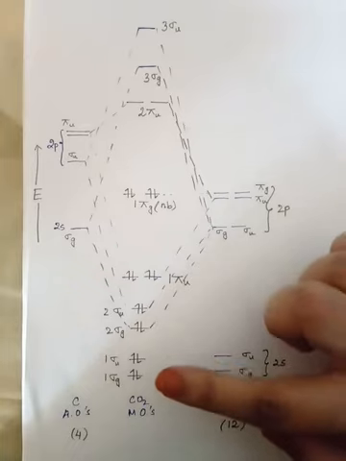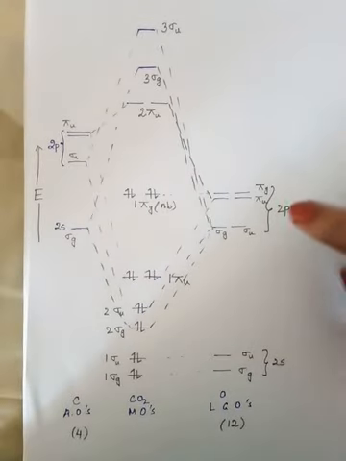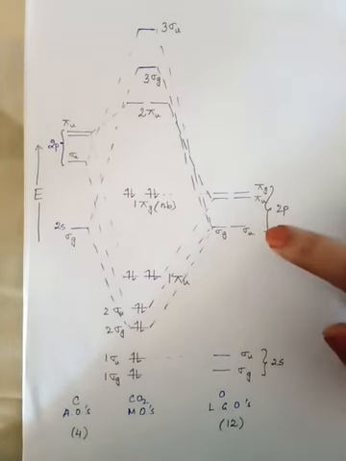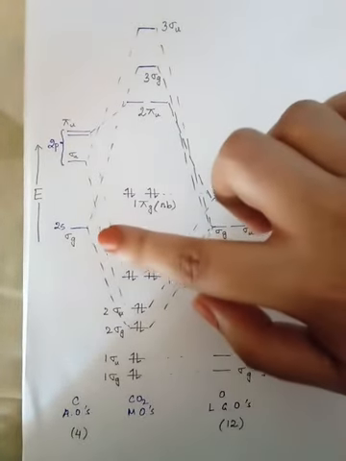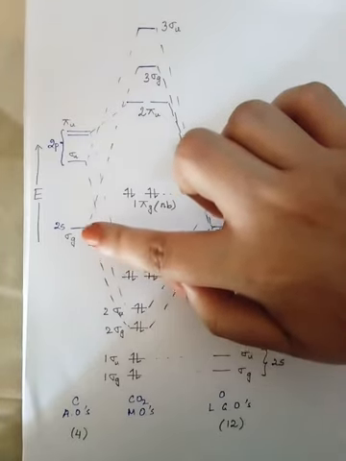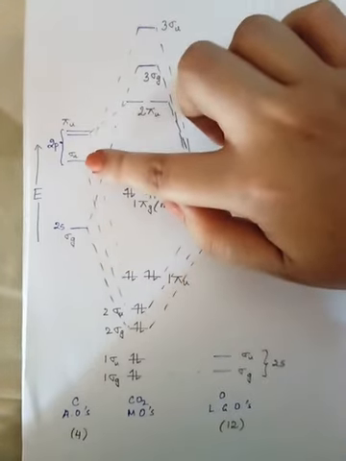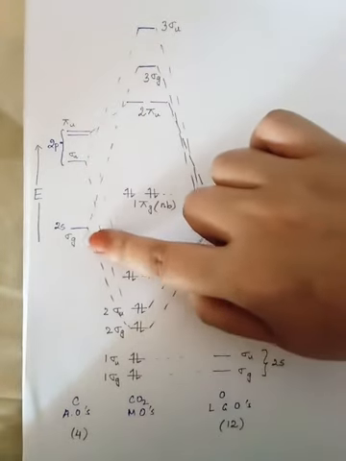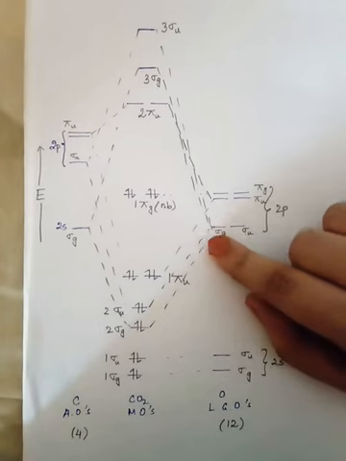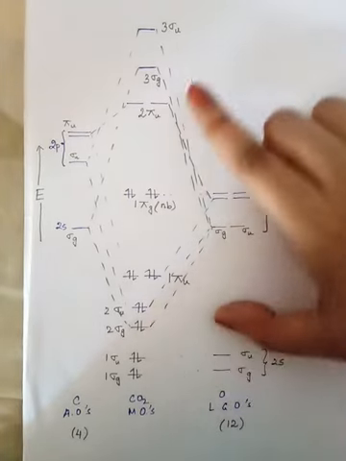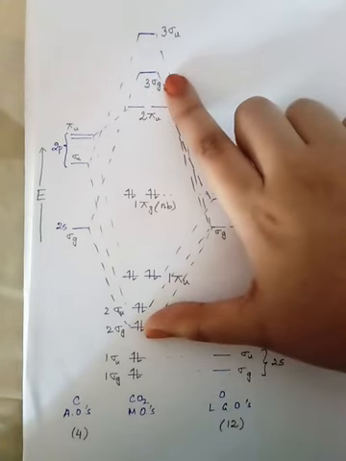Now coming to these atomic orbitals from oxygen. As you can see over here, the 2s from carbon has sigma g symmetry, and then there are the 2pz, 2px, 2py. The sigma g will undergo overlap with the sigma g here to give rise to this bonding orbital and this anti-bonding orbital.